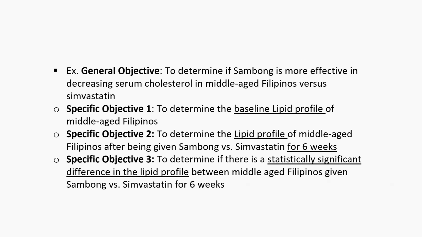Then your specific objective two is to determine the lipid profile of middle-aged Filipinos after being given Sambong versus simvastatin for 6 weeks. And specific objective 3 could be the statistical analysis: to determine if there is a statistically significant difference in the lipid profile between middle-aged Filipinos given Sambong versus simvastatin for 6 weeks.